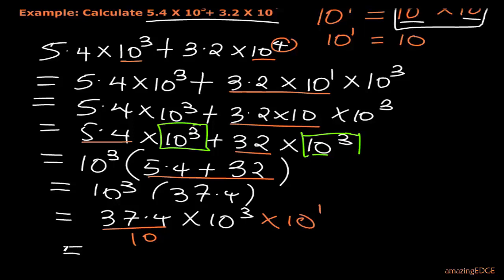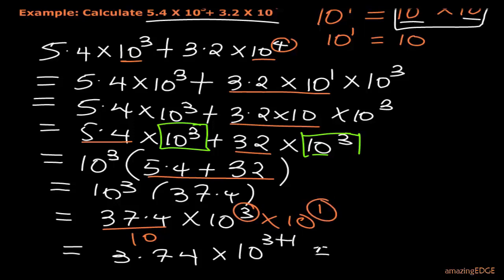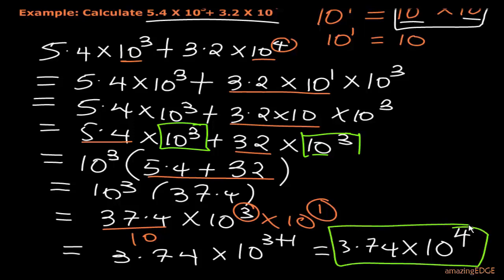Then here, once you divide by 10, you have 3.74. Now times here, they have the same base, you have 3 plus 1. So you have times 10 raised to 3 plus 1. So this will give you 3.74 times 10 raised to power 4, since 3 plus 1 gives you 4. And that's what we have as the final result. So that is your standard form.